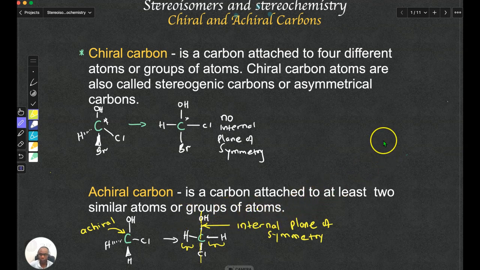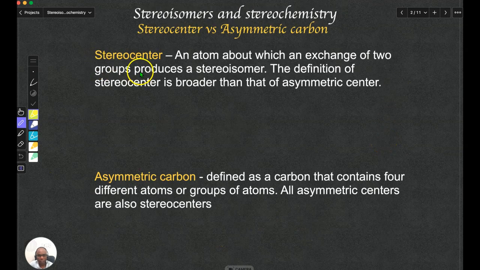Okay, how about defining what a stereocenter is and asymmetric carbon? Stereocenter is an atom about which an exchange of 2 groups orientation produces what we call a stereoisomer relationship. The definition of a stereocenter is broader than that of a symmetric carbon. I'll show you what a stereocenter is. We're going to parallel 2 molecules here.